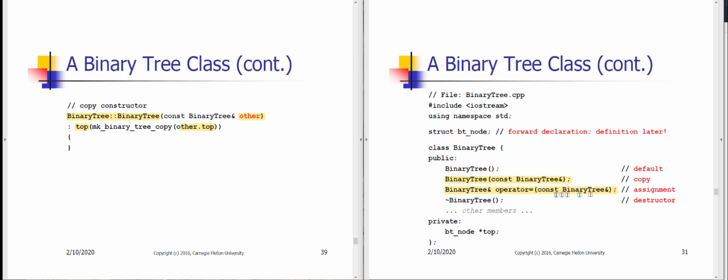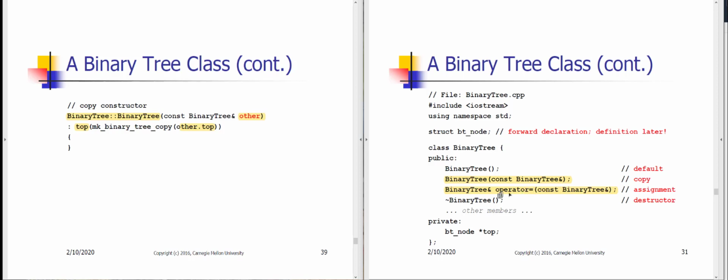That will be the binary tree that's on the right side of the assignment operator, the right side of the single equal sign. The current binary tree object is the one that's on the left side, and it's the one for which this overloaded operator function is going to be called.